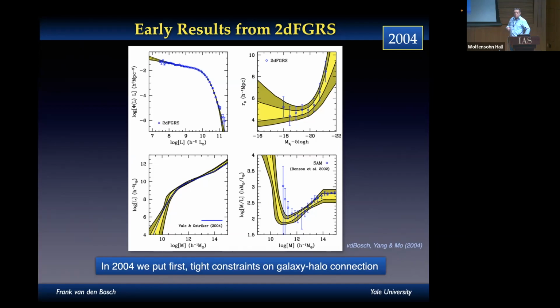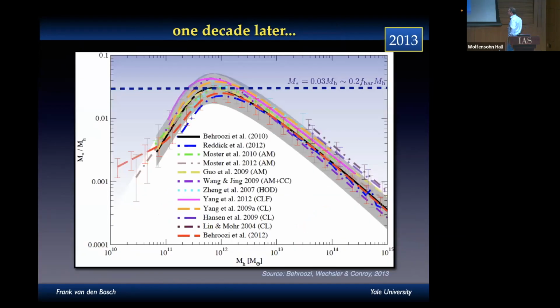But fast forward now 10 years, 2013, this is from a nice review paper by Peter Behroozi. What Peter is plotting here is the stellar mass to halo mass ratio as a function of halo mass. And these are all different constraints from different analyses of this halo occupation modeling, using clustering, some are using lensing, some are using abundance matching.